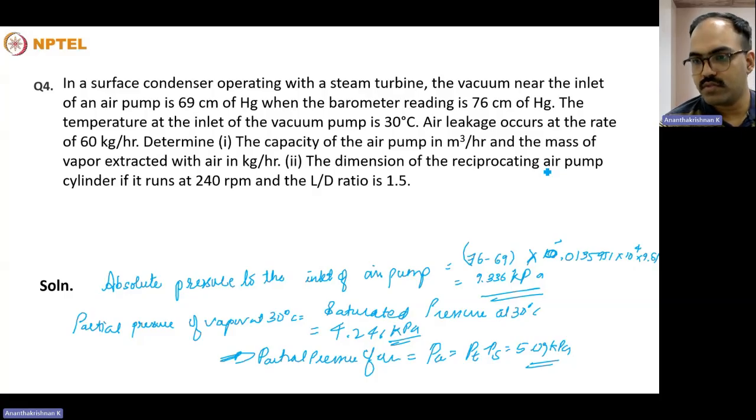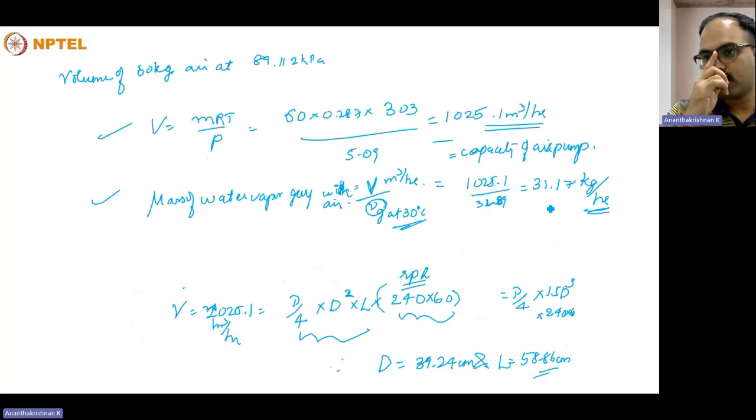So using that, we can get the partial pressure of the vapor at 30 degrees Celsius from the psychrometric table, and the difference will give the partial pressure of the air. Using this partial pressure of the air and the mass of the air and R and T, we can get the volume flow rate. So this will be the volume flow rate of the condenser, and that volume flow rate is the capacity of the air pump.